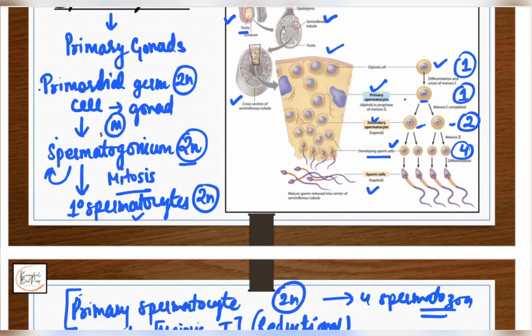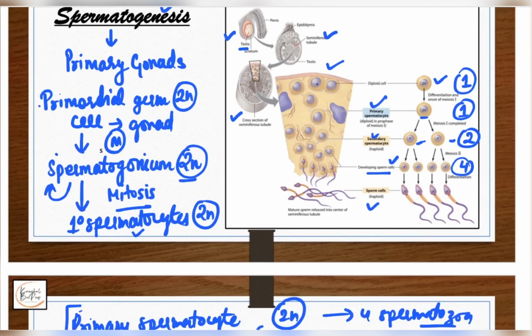So within seminiferous tubules, around the spermatogonia, there are some other cells which are there just to provide the nutrition to the developing sperm. Those cells are called Sertoli cells. They are the cells which nourish the other cells during the process of gametogenesis, particularly spermatogenesis.